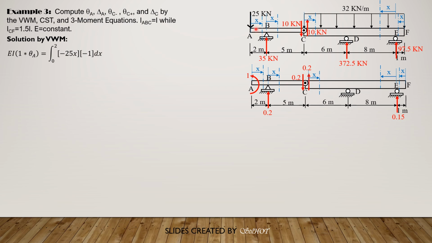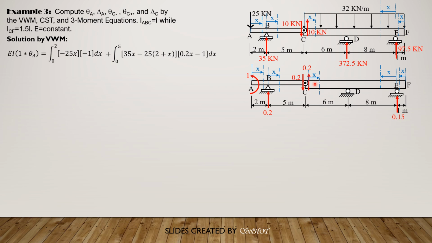The moment in this section is negative 25 times x. Then in this section, because supposedly the positive moment about the section is clockwise if you start from the left, this is also negative 1 dx. Then for section 2, it is the integral of quantity 35 times x minus 25 times 2 plus x. Then for the beam applied with unit virtual load, it is quantity 0.2 times x, then minus 1. So that's the moment at this section due to virtual load.